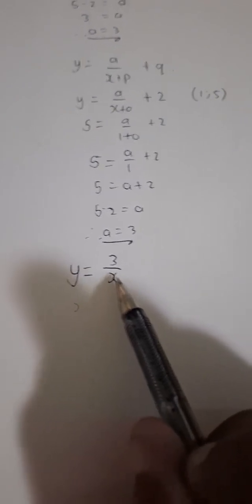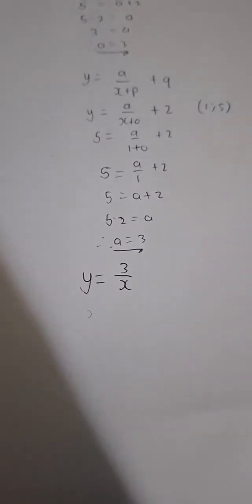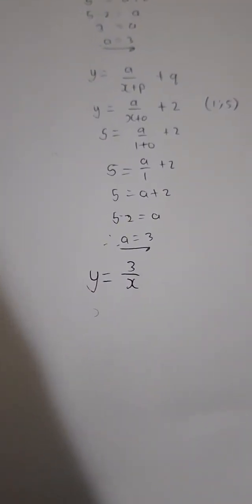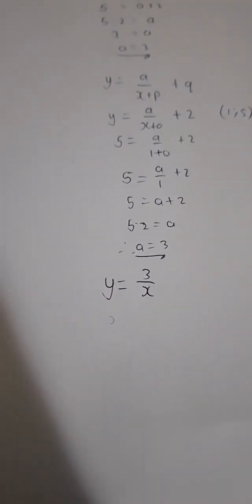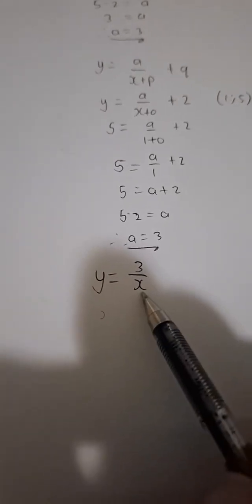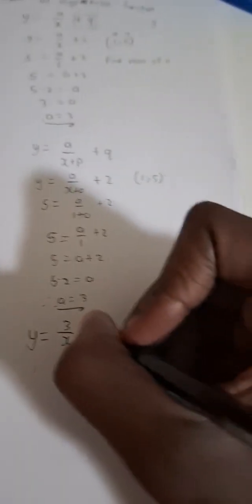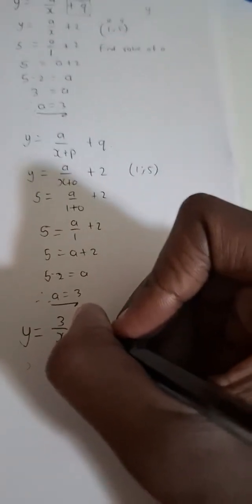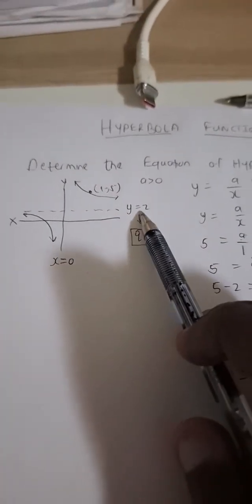So that means that function has not shifted. It still has retained its position of vertical asymptote being along the y-axis as per the grade 10 syllabus. But then the horizontal asymptote, we could clearly see it's y is equal to 2.